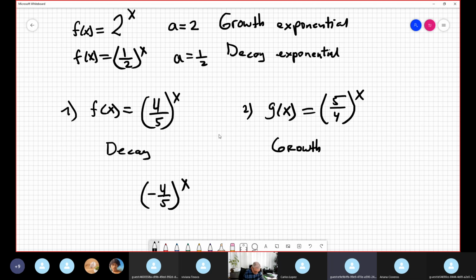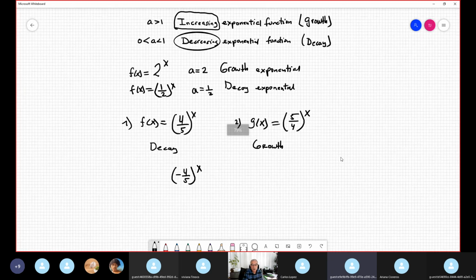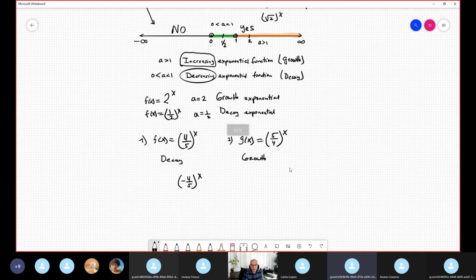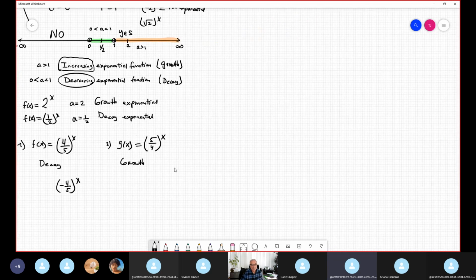Now, the last challenge for today is to prove somehow how fast, so what are the differences between the very well-known power function and the exponential function, doesn't matter the base, 2 to the x.